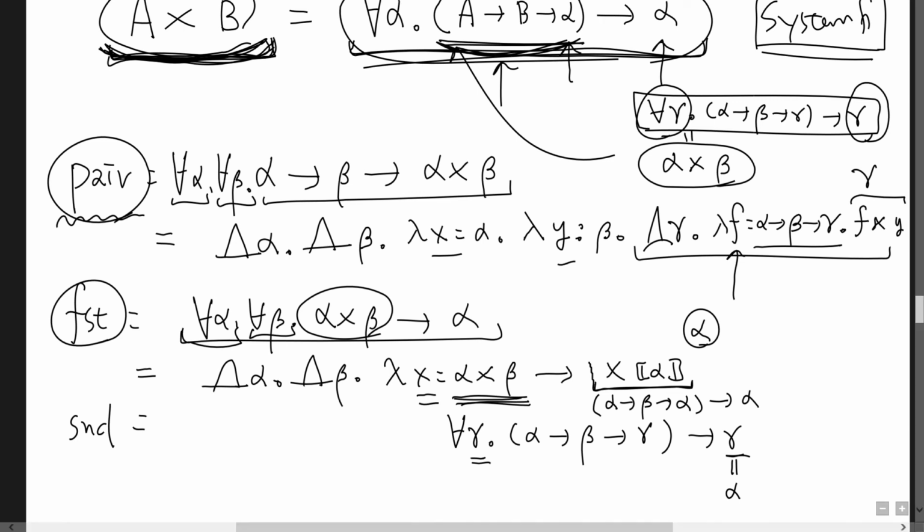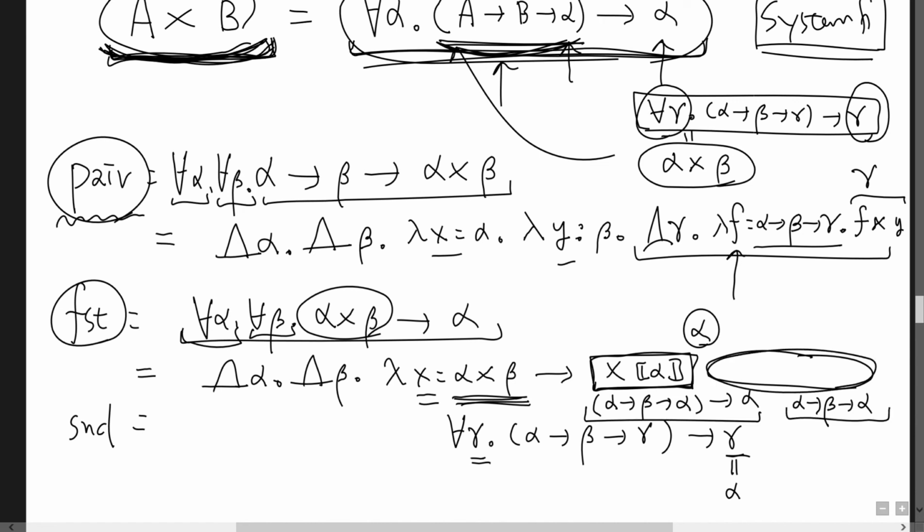Now it's just a matter of finding an expression of type alpha arrow, beta arrow, alpha. Then this expression has this type, and this expression has this type. So the whole expression is going to have this type. Then how do we construct an expression of this type?